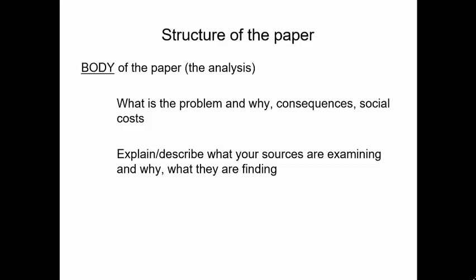Why are they examining? What are they measuring? What are these scholars, analysts, researchers, scientists finding as they examine this, and what are they finding as far as how it relates to this problem that you have chosen to write about?